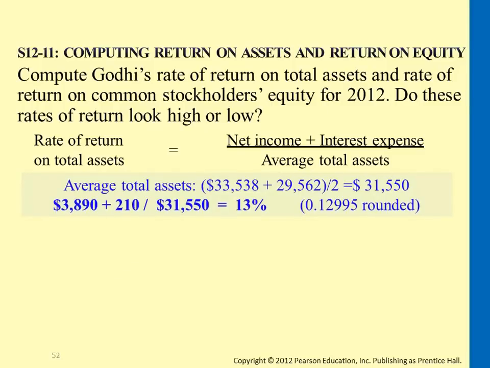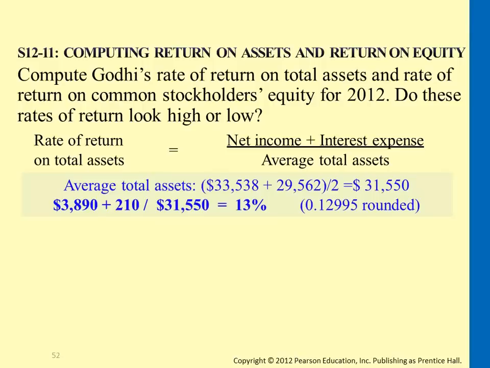So 3,890 plus 210. Together, the upper part will give you a dollar amount of 4,100, right? And then divided by this.